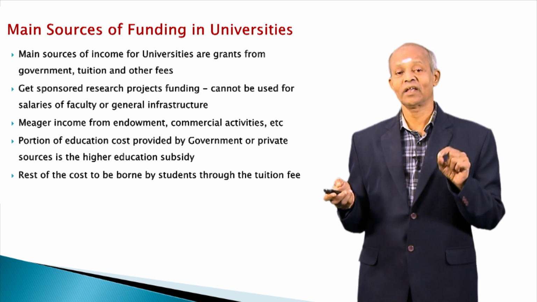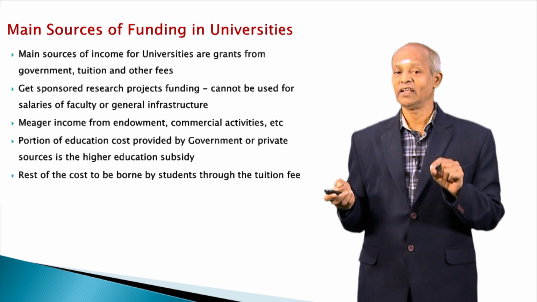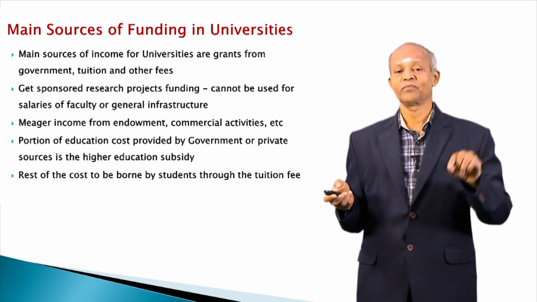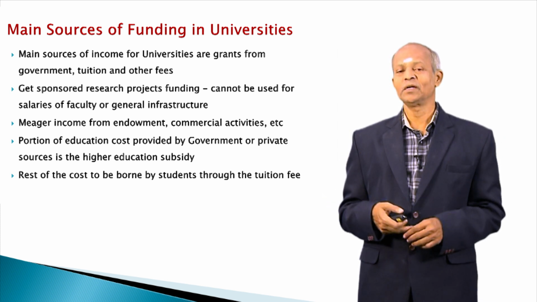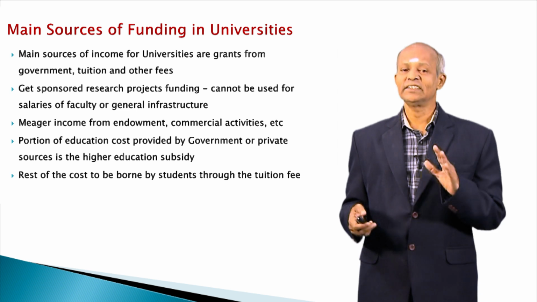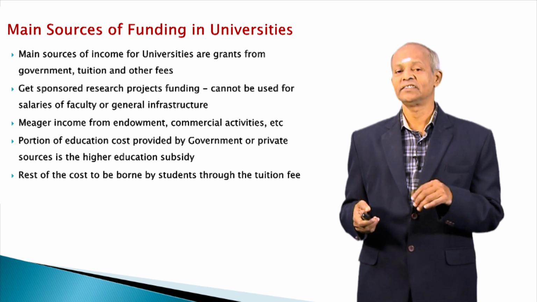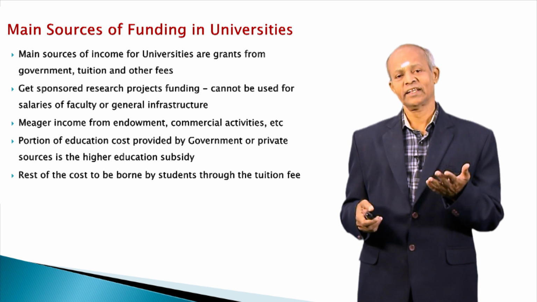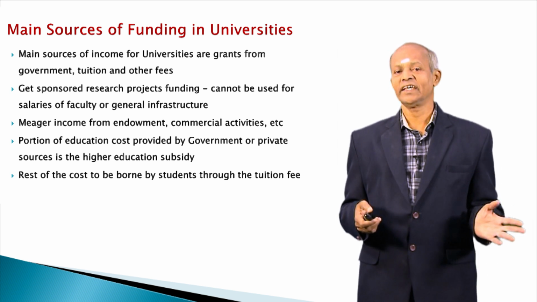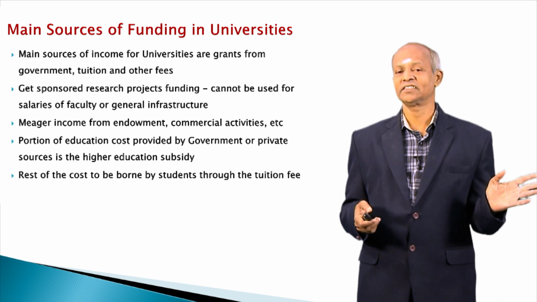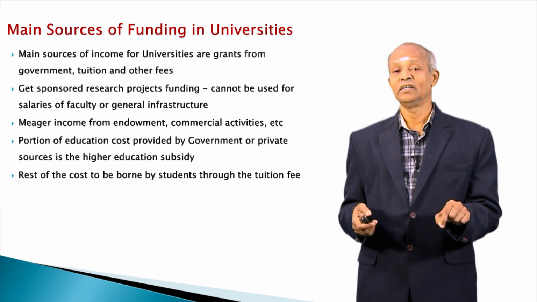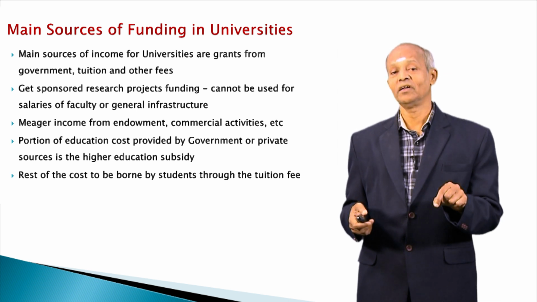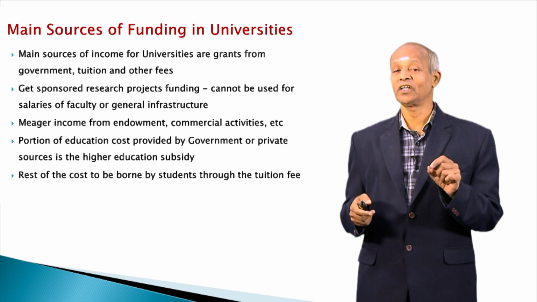In the case of private schools or institutions, it is all charged from the students as tuition fee only, and therefore education becomes very costly, and only rich people can afford such costly education. So, all the marginalized people are left over in the system, and so the NEP is insisting on education for all the people, and so we need a large amount of financing.